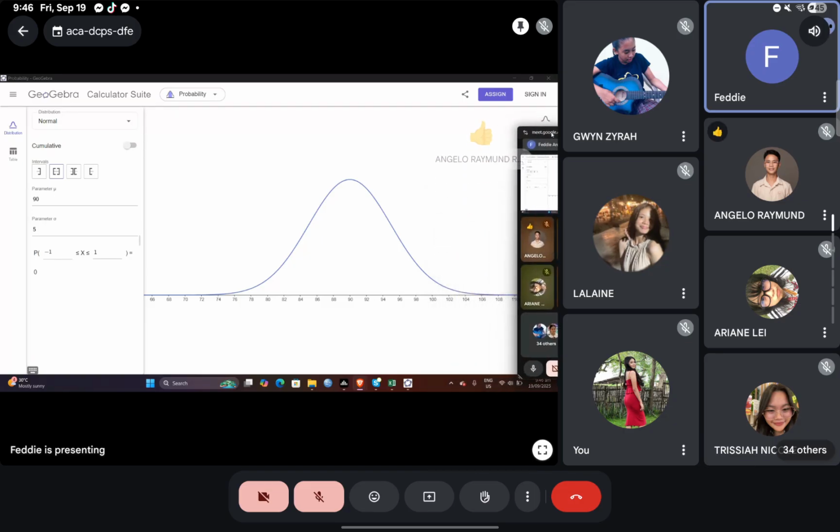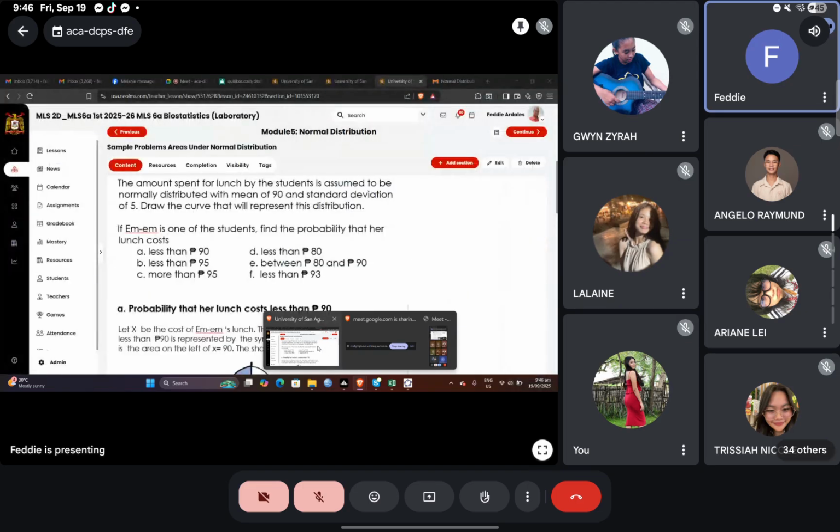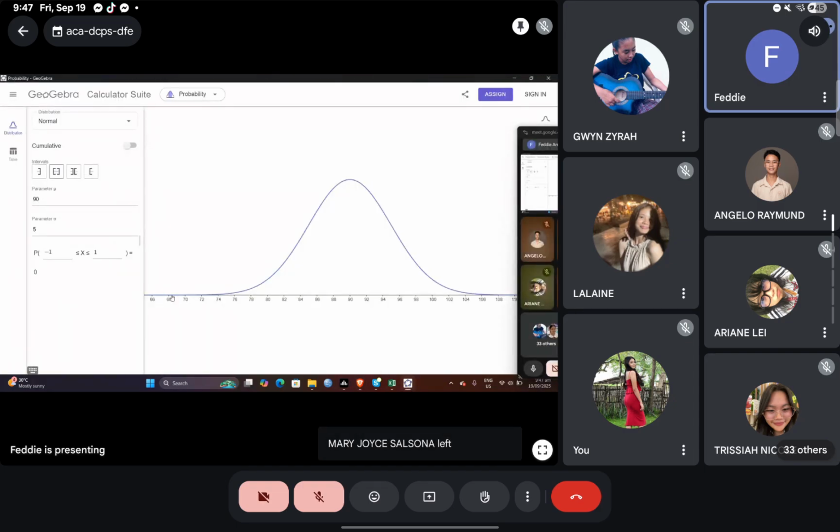Now, once you plug in the parameters, the first problem that we have is less than 90 pesos. For less than 90 pesos, all you have to do is use the interval below, to the left. There is also the two-tailed interval, and the other one to the right.